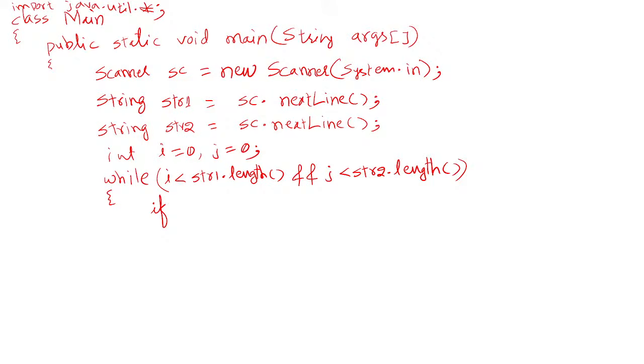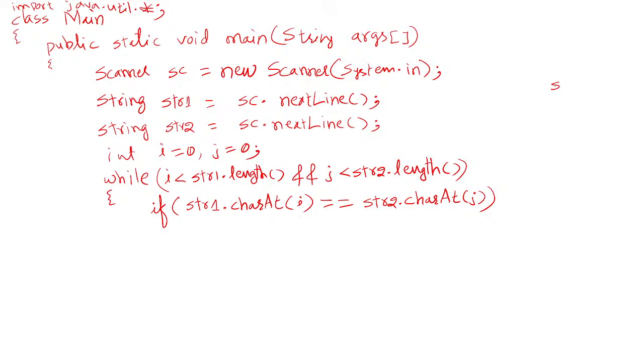If, so here, how do we access each character? Don't use the indexing method. In Java, for accessing characters at particular index positions, we have a method called charAt. So better use these methods: str1.charAt(i) is equal to str2.charAt(j).